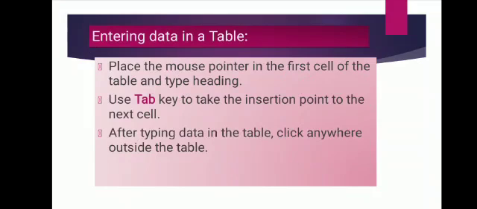In the insert option, it will give you two options for rows: insert row above and insert row below. You select according to your need and it will insert. For deleting a row, the same simple process: select the row or column and then click on the delete button. Simple.